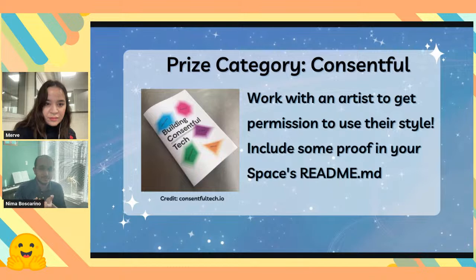If you have found some art that you really like, if there's an artist that you're a very big fan of, and you are particularly interested in reflecting their art through a model, my suggestion, and what the prize category recommends, is that you go talk to the artist first.